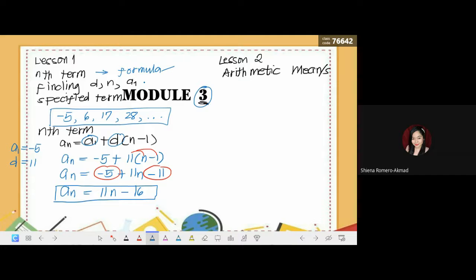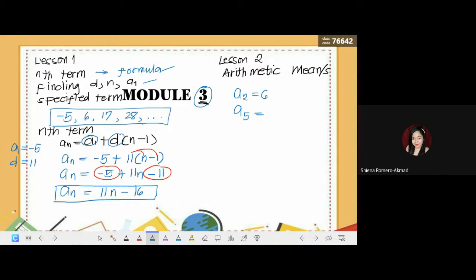Ano naman pag finding D, finding N, finding A sub 1? Okay? Kunwari, hindi natin alam yung mga terms natin. Kunwari, hindi natin alam na ang A sub 2 natin ay 6 at ang A sub, let's say, 5.